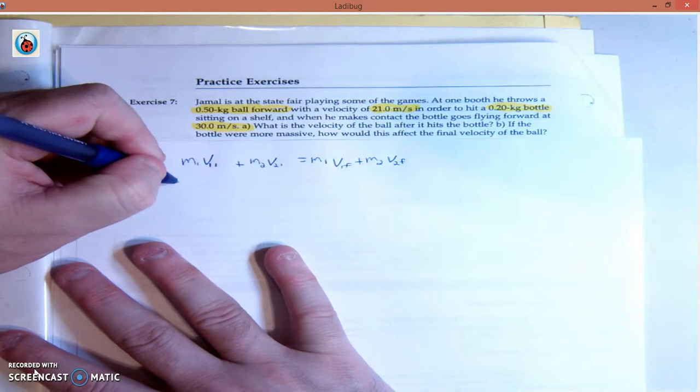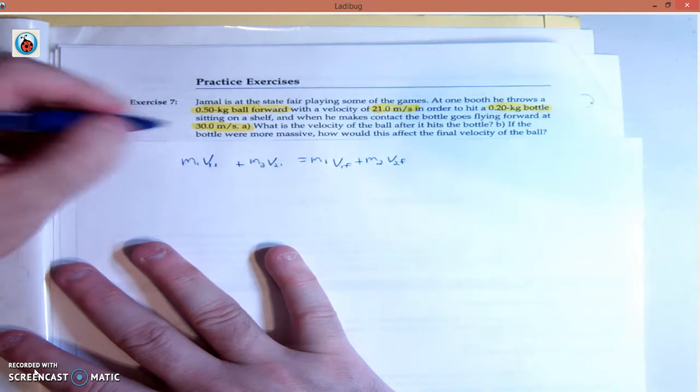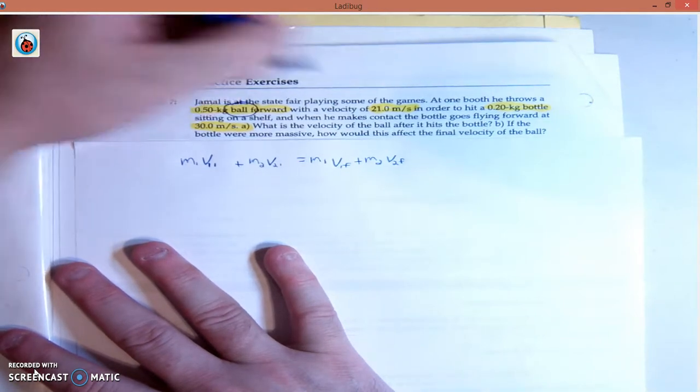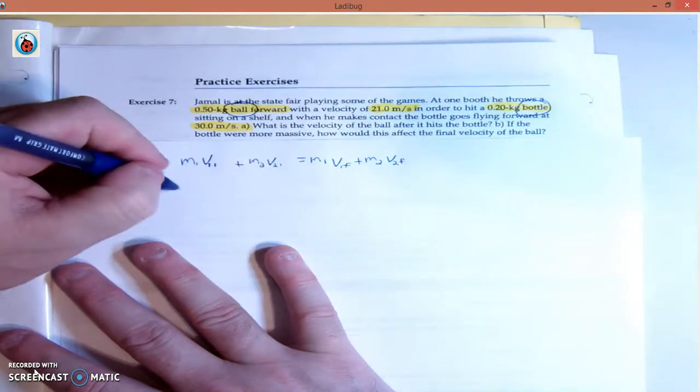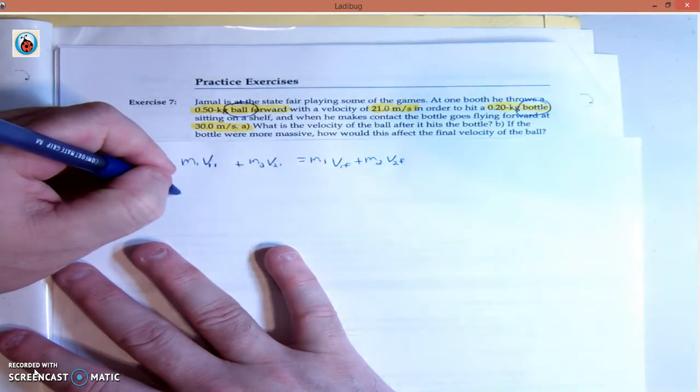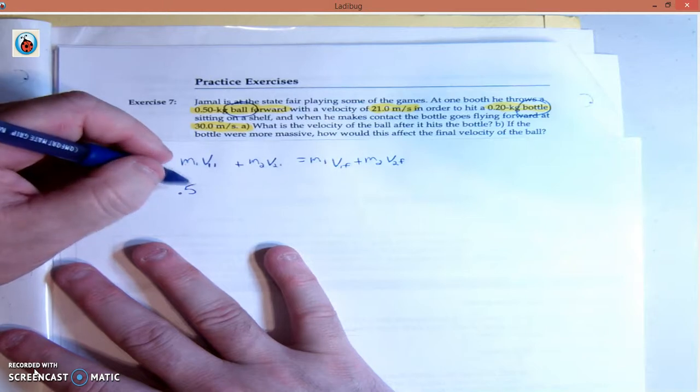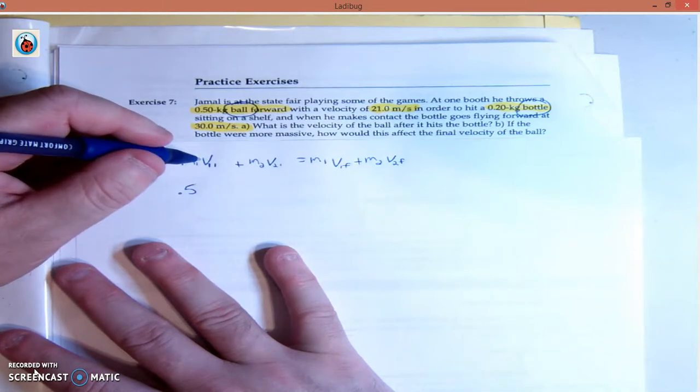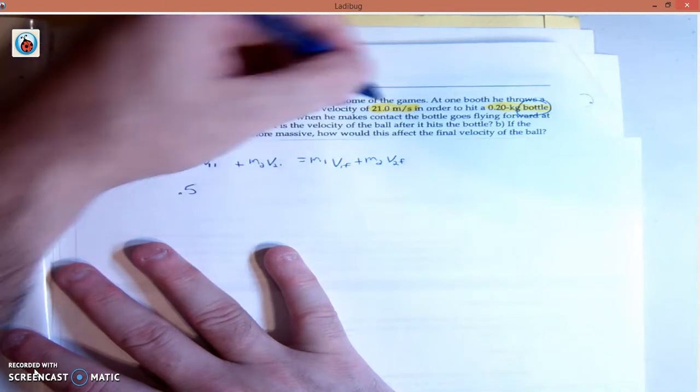So we have the first velocity of object 1, which is the ball, right? Because we have the ball and then we have the bottle. So the first mass is 0.5. And we know that's going to be times 21 because the velocity is 21 meters per second.